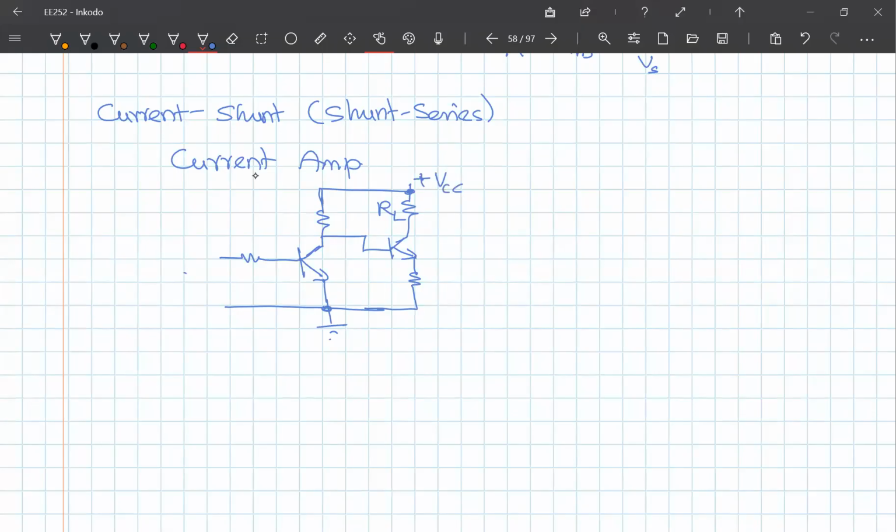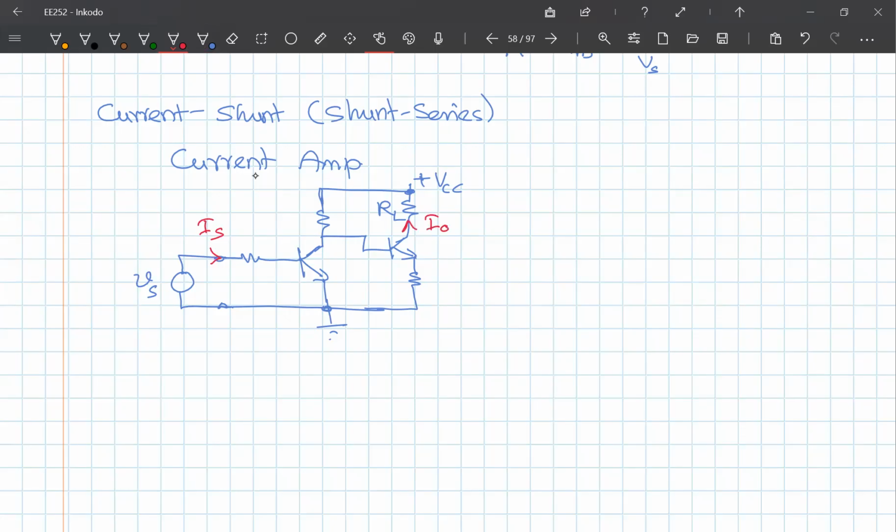And I'm connecting a voltage source to this, but this is a current amplifier, right? So my input I'm going to mark as VS, but my input to this circuit that I'm considering is going to be I. I want to amplify this into I out.